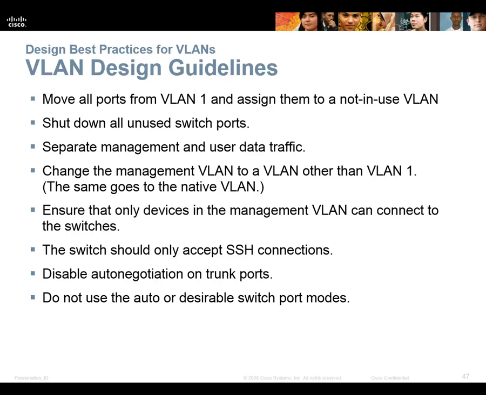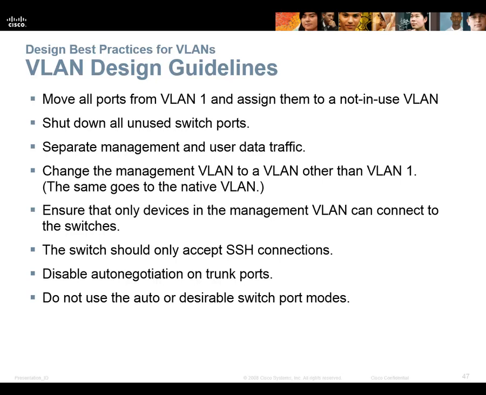So some design practices they suggest. Move all ports from VLAN 1 and assign them to a not in use VLAN. Shut down all unused switch ports. That means, if something's not in use, turn that port off. Separate management and user data traffic by creating a management VLAN other than VLAN 1.